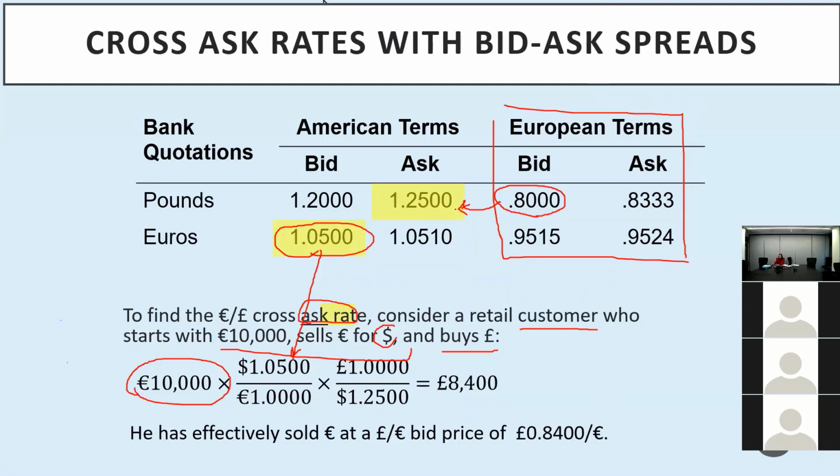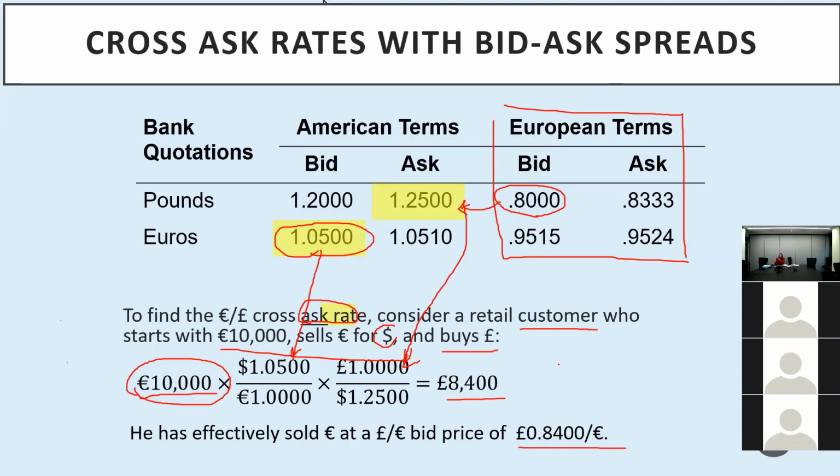So through this transaction, I'm just going to point an arrow here so that you know where it comes from. So through this transaction, effectively, we have converted 10,000 euros into the pounds. So if we take 8,400 pounds, we divide it by the number of euros, we will find that the exchange rate here is, for each euro, we will get 0.84 pounds.